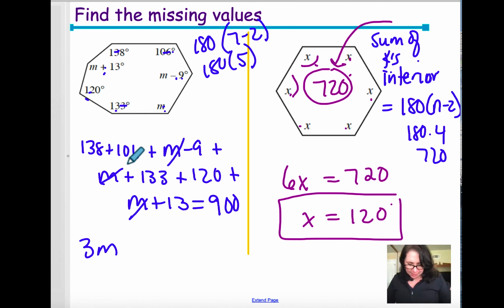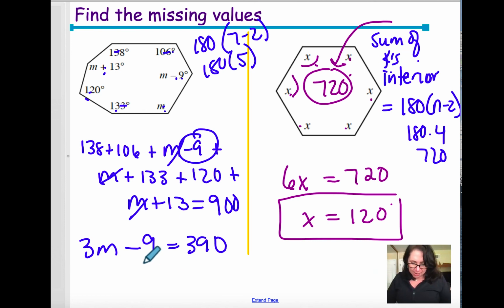If I subtract 900 minus 510, I get 390. But I didn't add this in, so be careful. That's a minus 9 equals 390. So now I have to add 9, so that's going to be 399. And 399 divided by 3 is 133, so m is equal to 133. So there's, of course, different ways to do this problem.